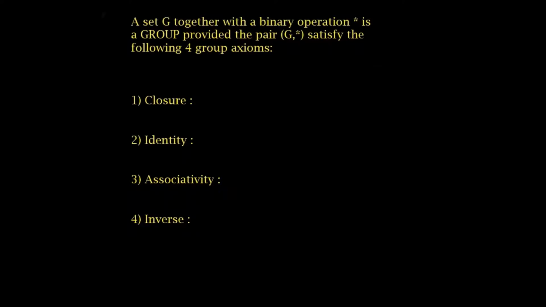Okay, before we dive into the proof, let's just review some group theory concepts. So a set G together with a binary operation star is defined to be a group, provided the pair G and star satisfy four group axioms. So those four group axioms are as follows. Closure, first of all.